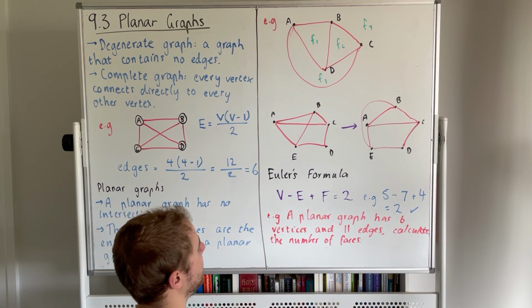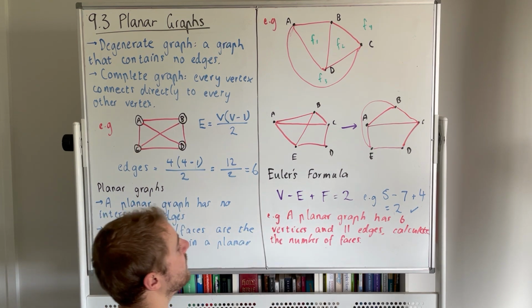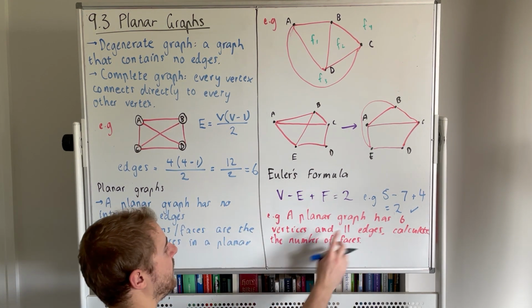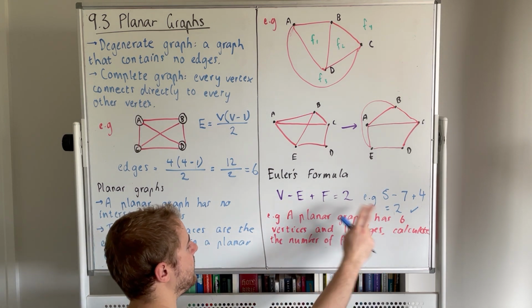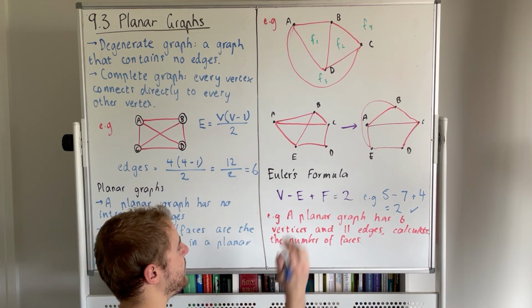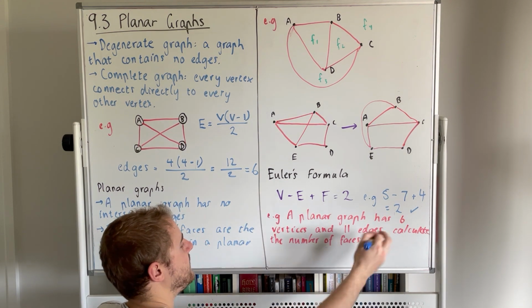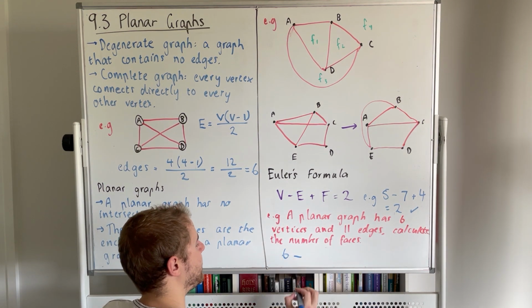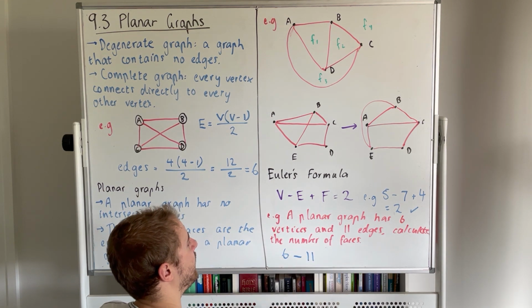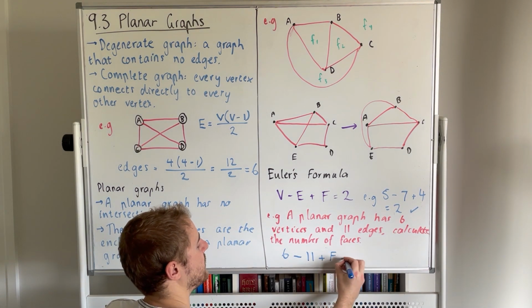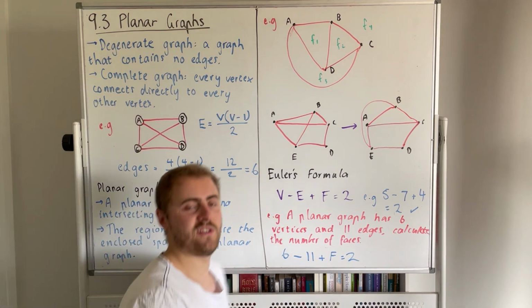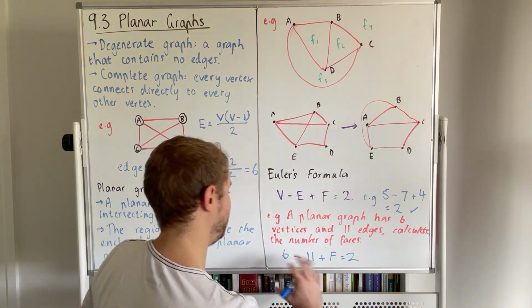And what we can do is we can just use Euler's formula to calculate that. So we know that V is equal to 6 and E is equal to 11. We're trying to calculate F. So let's put that into our formula. Vertices, which is 6, minus the number of edges, 11, plus F is equal to 2. Then it's just a little bit of algebra to solve for that.